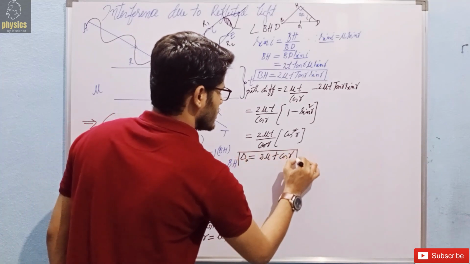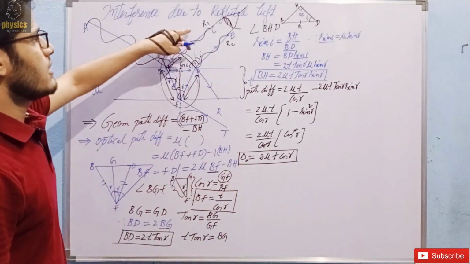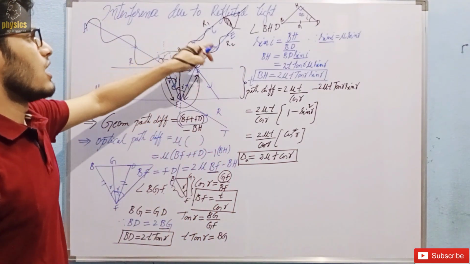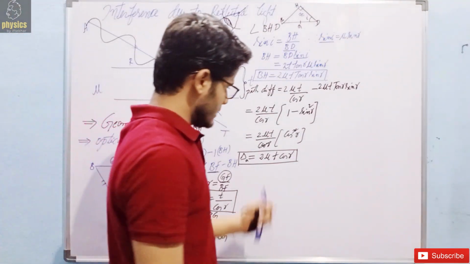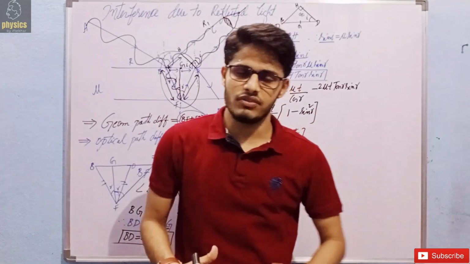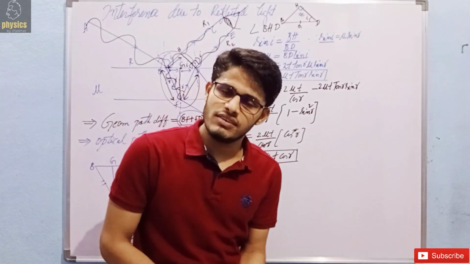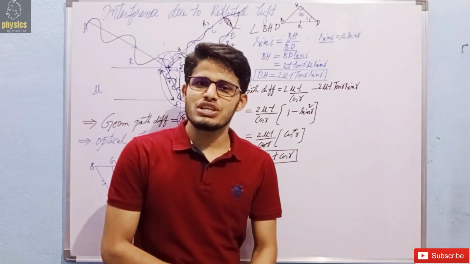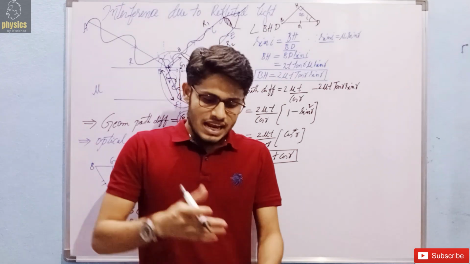Optical path difference between the reflected light rays R1 and R2. This is not the true path difference between ray 1 and ray 2. There will be one more path difference that will come into the picture due to the reflection of light from the denser medium.